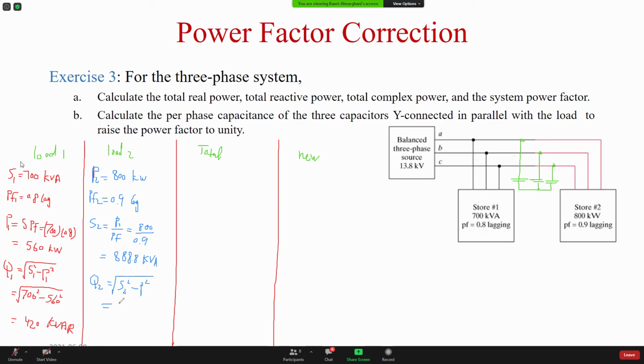Any answers here? 888.8 or 0.9 actually, because you round it up, squared minus 800 squared under the square root.